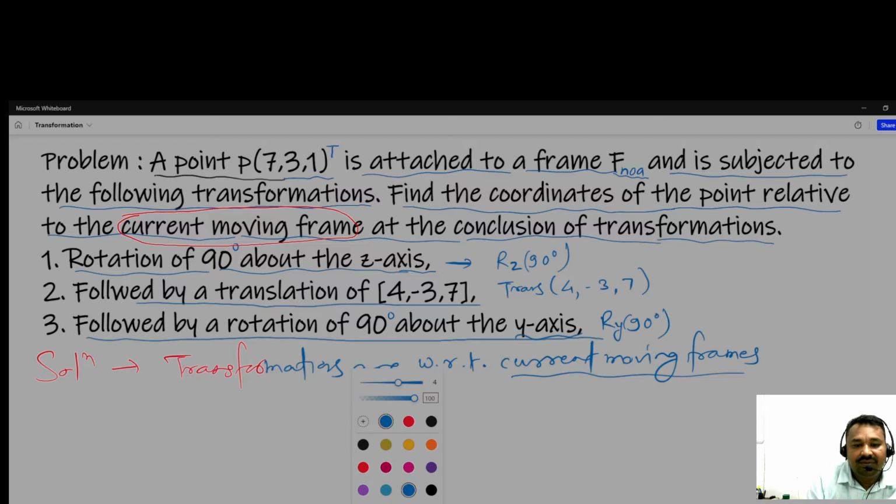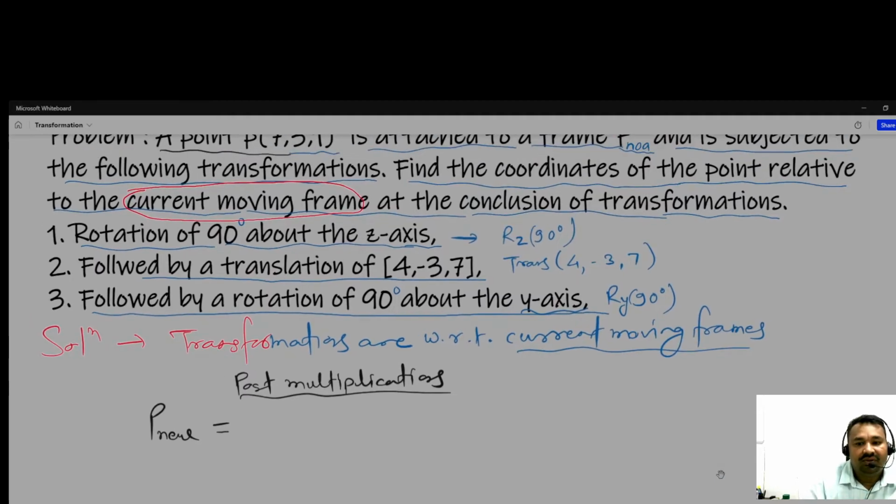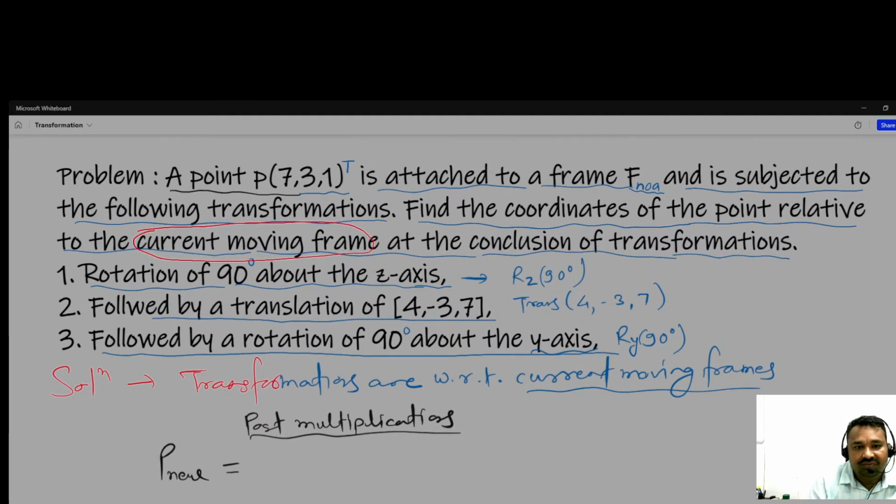So what we have to do is post multiply. There will be post multiplications. What is the meaning of this? Firstly we need to write the new coordinates, P new, equal to the old coordinate.